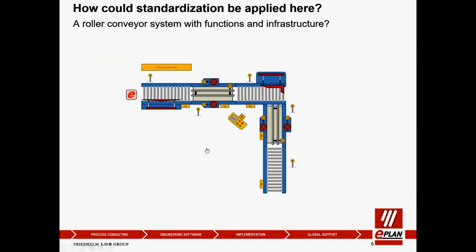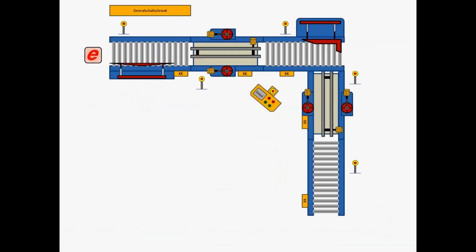So in this particular case, we have a conveyor system. And this conveyor system has some functions and some infrastructure, of course. What we're going to do is demonstrate the approach of optimizing the reuse. The roller conveyor as a whole system is composed of 5 functional units, right? So technically you have the component supply, the coarse grinding, the conversion to the second processing, the fine grinding, and then the dispensing and lubrication.